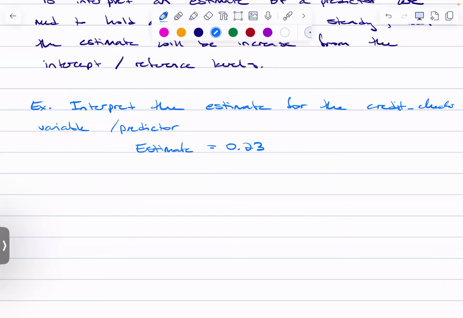So how we need to interpret it is, okay, assuming that all other variables are held constant, or steady. I like to call it steady.